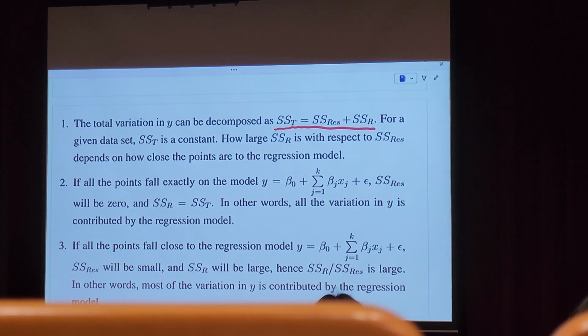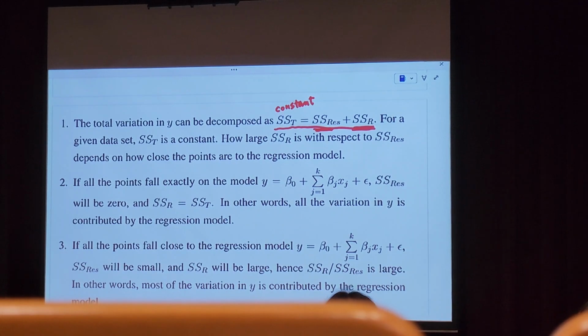A given data set has a constant total sum of squares, and the two parts trade off depending on how well the regression model fits. The SSR with respect to SST depends on how close the data are to the regression model.